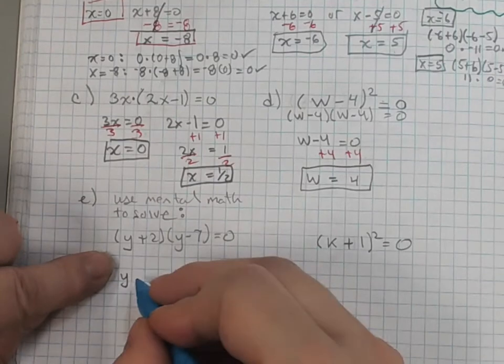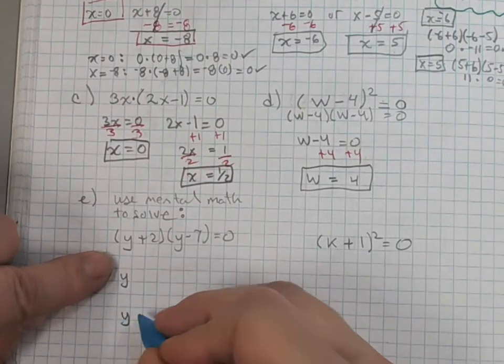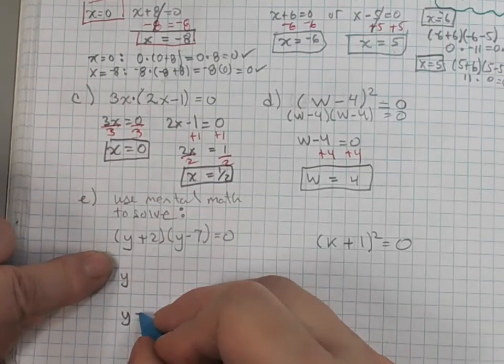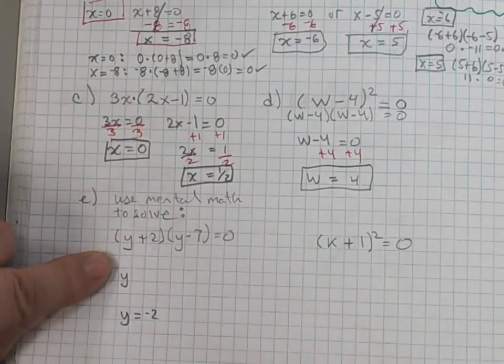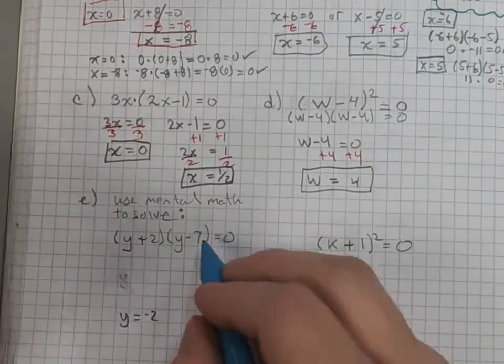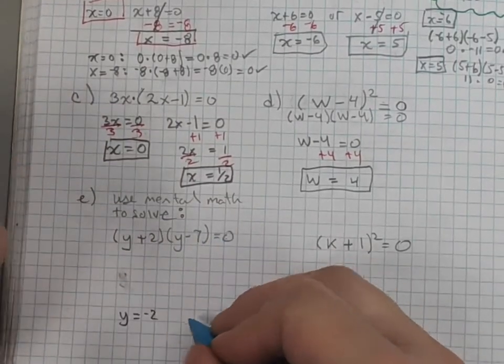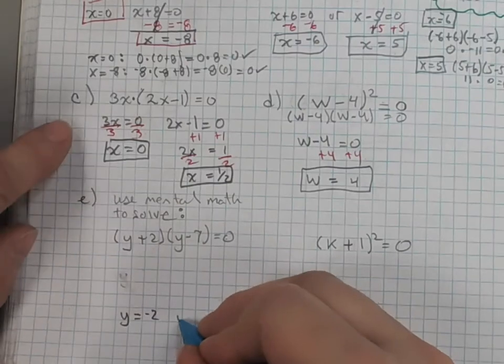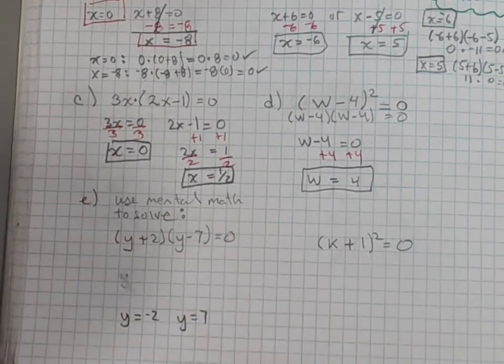Well, so looking at this, can you think of opposites? I'm going to put it down here so we can actually solve it and check it. But I think the solution should be negative 2. And w minus 7, the solution should be 7.